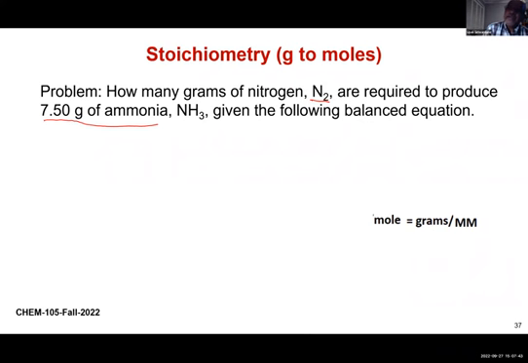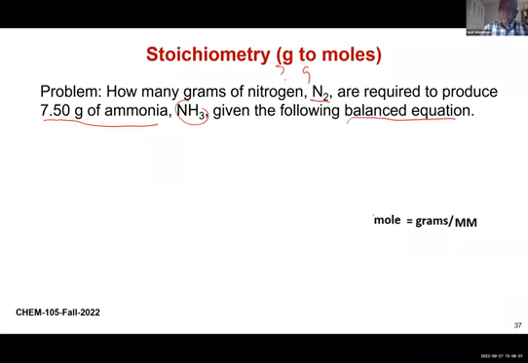Now you start with ammonia grams. You are asked how many grams of nitrogen will produce this. So the first thing, balance the equation.